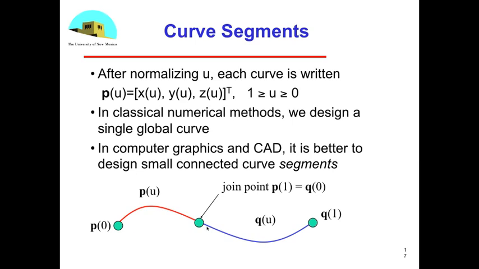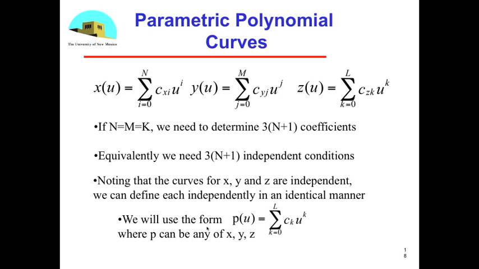The second idea goes back to this issue of evaluation, that I want to be able to evaluate things easily. So the idea here is that I want to have parametric forms for my curves and surfaces. So for a curve, I'm going to say that x of u, y of u, and z of u can each be given by a different polynomial representation, and the polynomials may have a different degree.